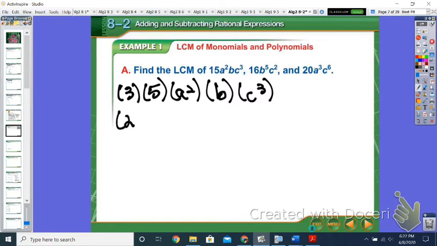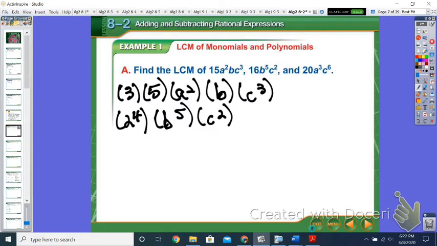I'm going to write this as 2 to the 4th, right, because it's 2 times 2 times 2 times 2 if you do a factor tree all the way down. So 2 to the 4th, I'm not going to write out 4 2's, and you'll see why. And then b to the 5th, and c squared.